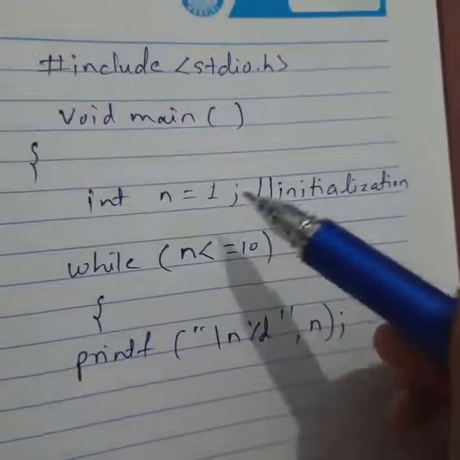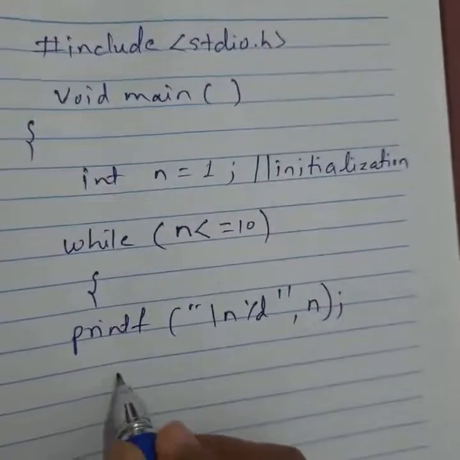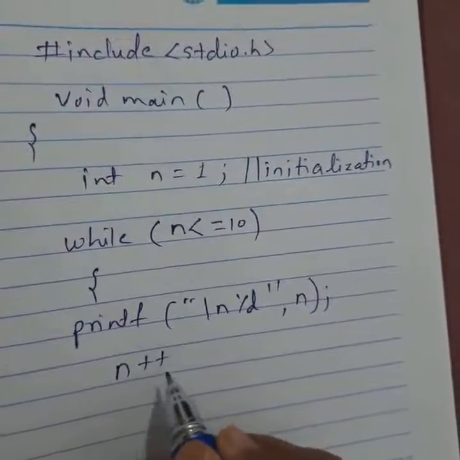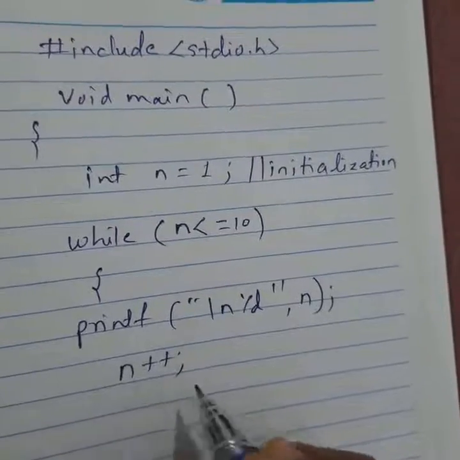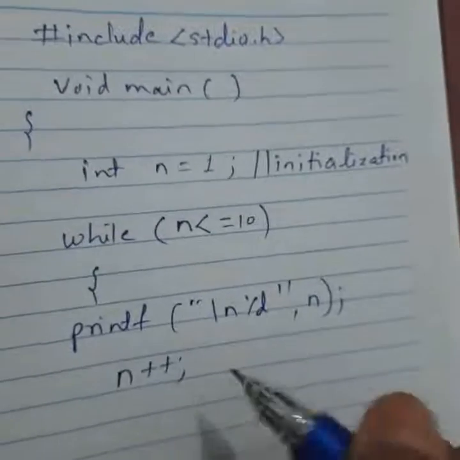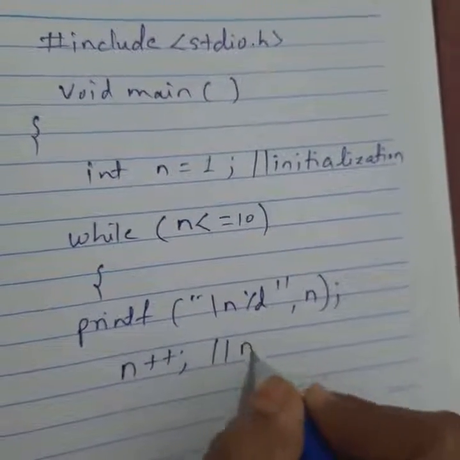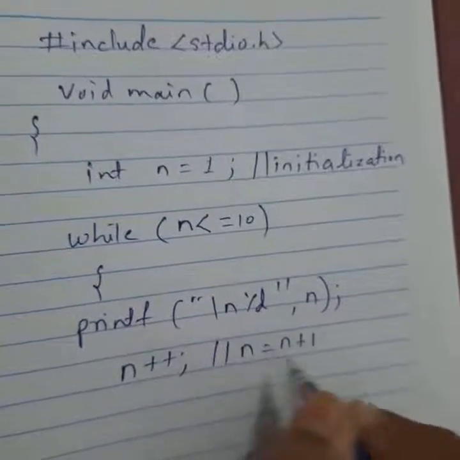For that, we have to increase the value of n. We write n plus plus. n plus plus will increment the value of n by 1, or we can also write n is equal to n plus 1.